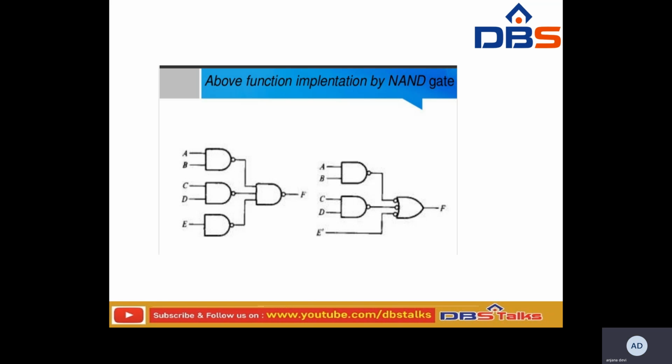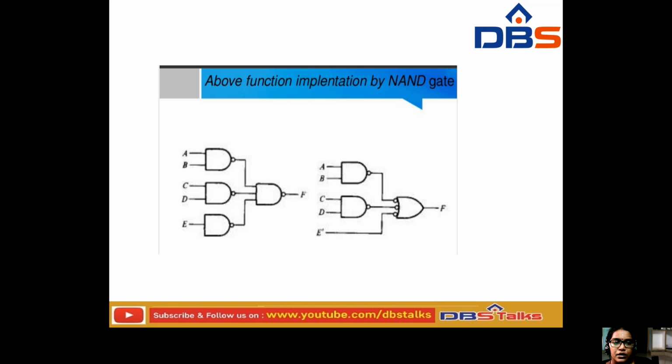This is the above functional implementation of the NAND gate. Here it is taking two inputs, and by taking these two inputs it is going to implement here. See how we are going to implement this NAND gate.